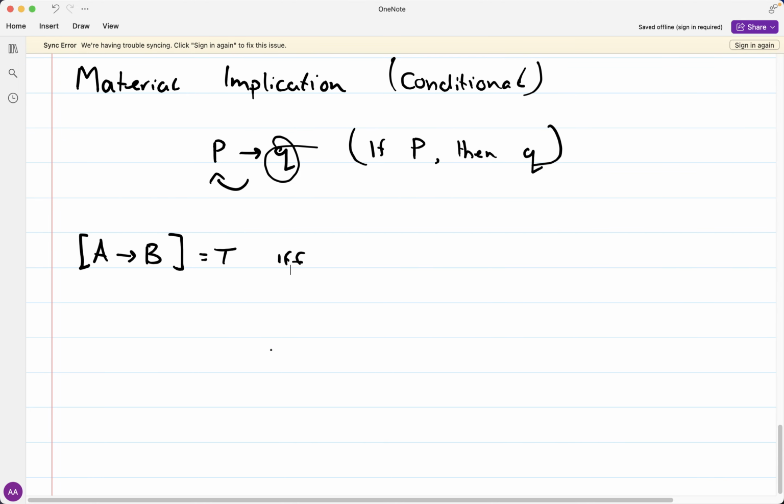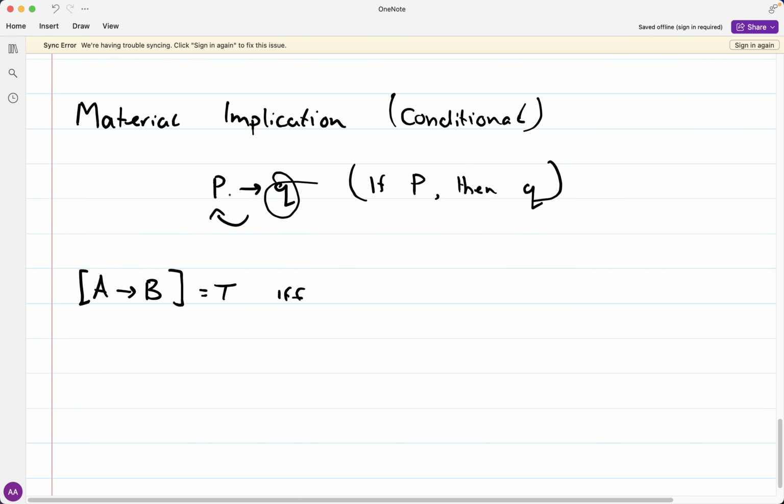The way in which we can define the material implication is by defining the inverse of the material implication. So what does this mean? Well, if we have if P then Q, what we're saying here is if P is true, then Q has to be true. That is what we are saying. It couldn't possibly be the case that Q is not true when P is true.